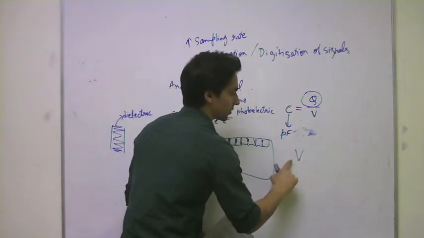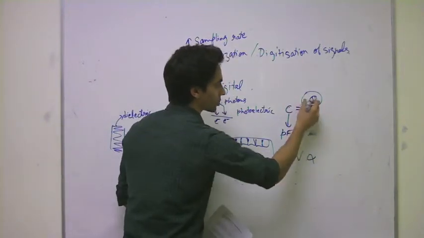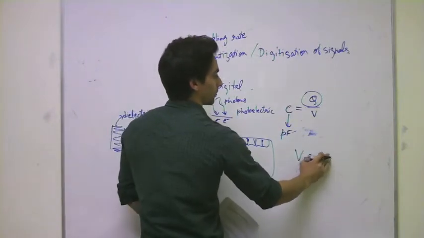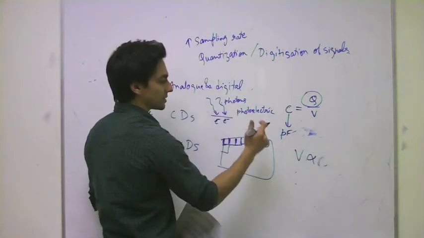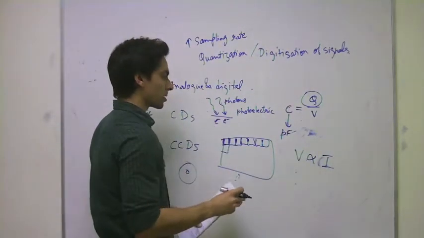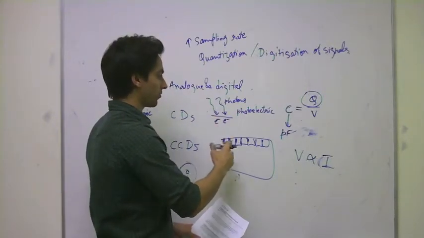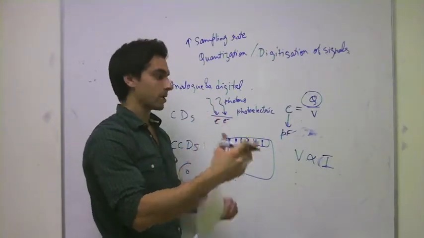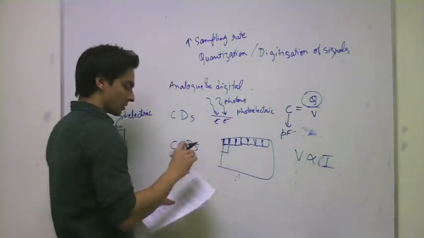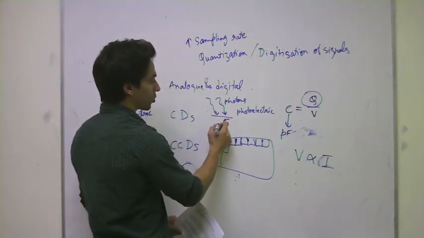The potential difference developed across each of these capacitors is proportional to the charge that is developed, and therefore proportional to the intensity of light which falls on the capacitors. Why? Because the more the intensity, the more the photons, and therefore the more electrons that have popped out, and the more charge that is developed. In the notes you will find that we are not just talking about electrons, but about electron hole pairs.